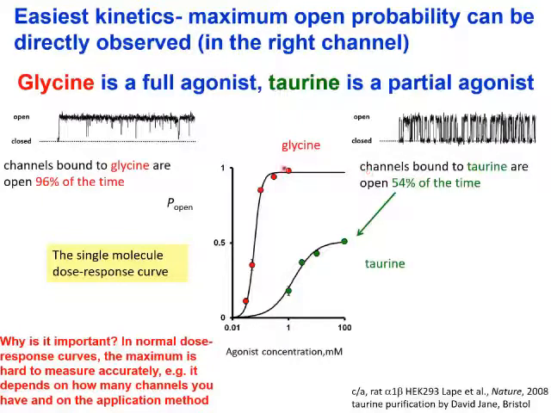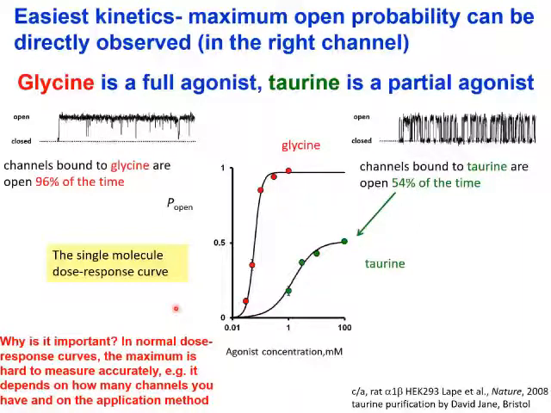This is quite an unusual sort of dose-response curve. It looks very much like the dose-response curves that you may have obtained, if you are pharmacologists, in, say, a bit of isolated gut. But it is not the same thing, because here we have an absolute measurement of the open probability and of the maximum. In dose-response curves, say, in a guinea pig ileum, the maximum is hard to measure accurately, and what we measure is not a good relation.